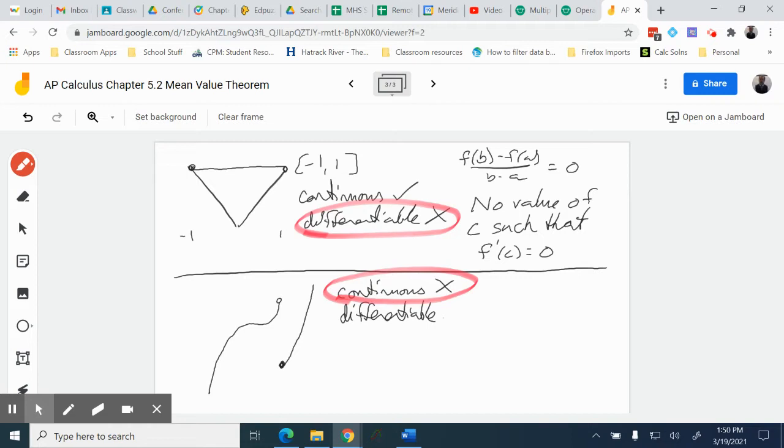When I look at this, if I take the slope of this line, I'm not happy with this example, so I'm going to cut this bit out and use a different example.